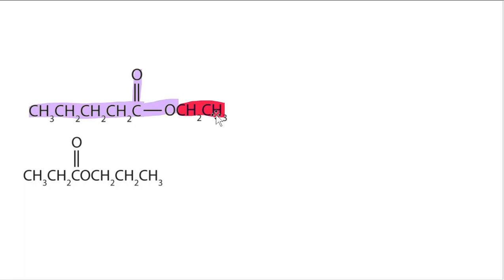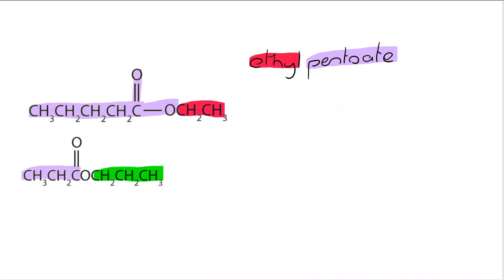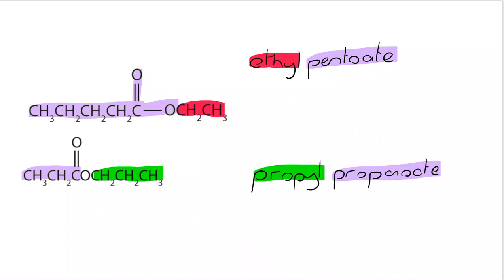Once again here we look at what comes from the alcohol to the right of the single bond O. That's going to be ethyl, and we're left with 1, 2, 3, 4, 5 carbons in a row on our carboxylate ion, so that becomes ethyl pentanoate, I should say. And then I have got on this next one propyl propanoate.